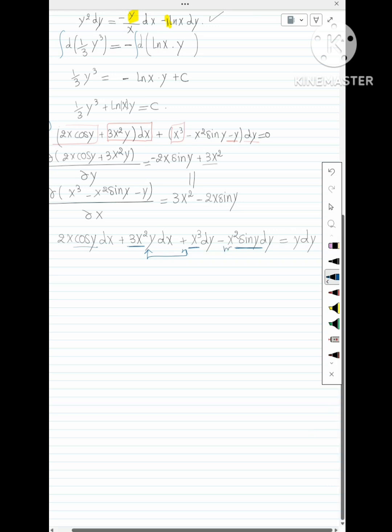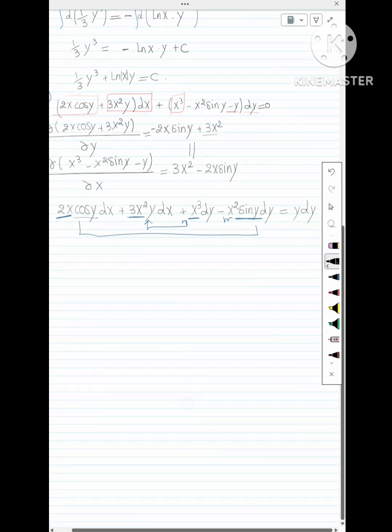But since here we have x squared and 2x, we need to link between these two. So it's going to be the derivative of x squared. Since we have the minus, we need to see if it's a cosine. Yes, it is a cosine. Since this is the derivative, this is the function.